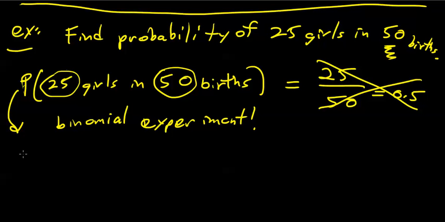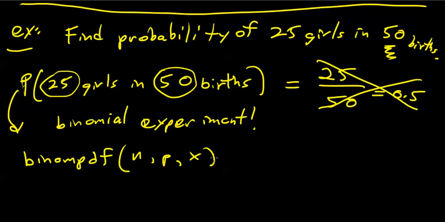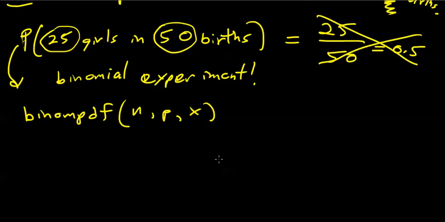So I can use my binomial PDF operator. Again, PDF stands for probability density function. N, P, X, right? N, comma, P, comma, X. So we don't mess up the order again. This is going to be binom PDF.